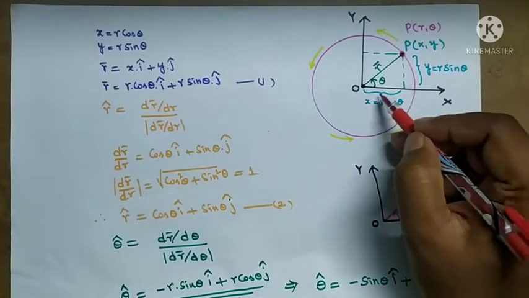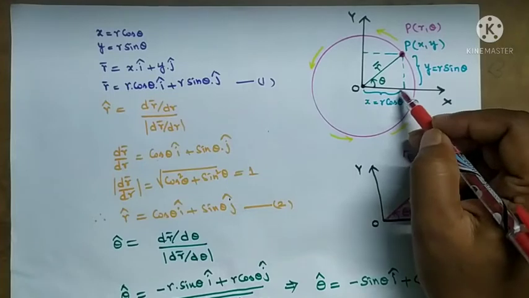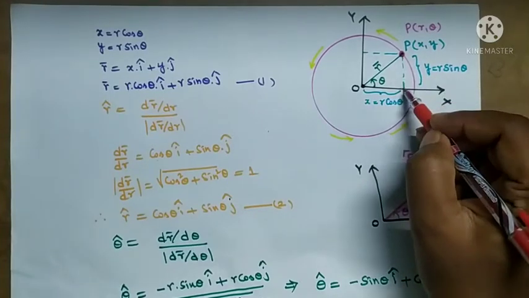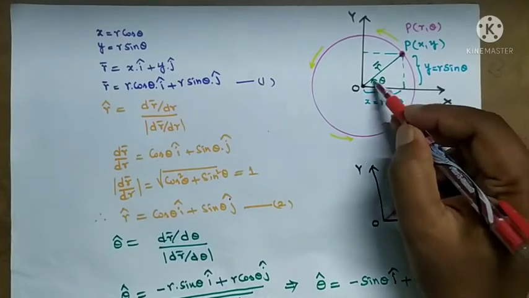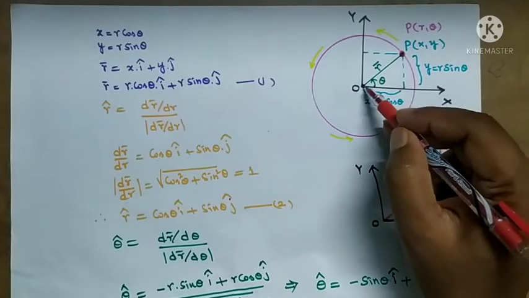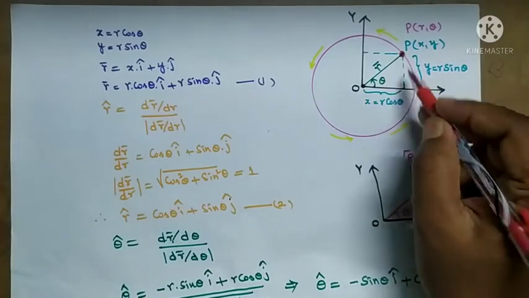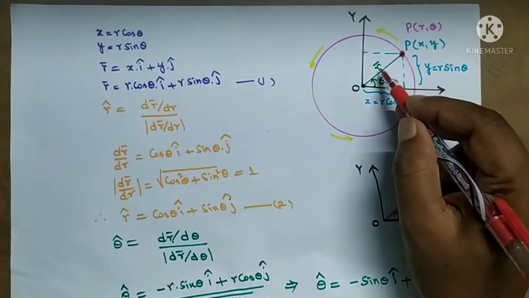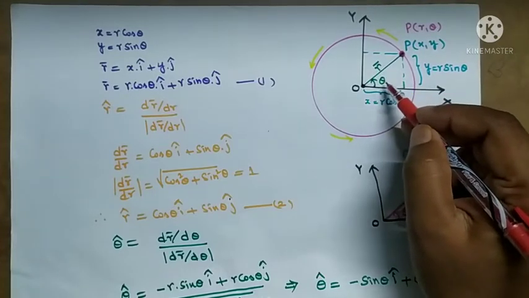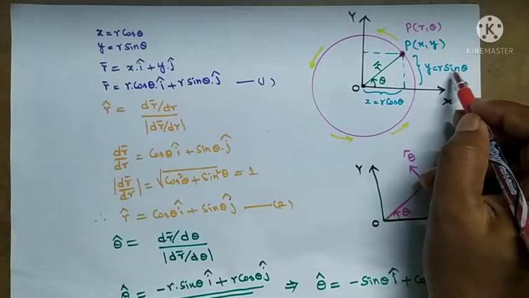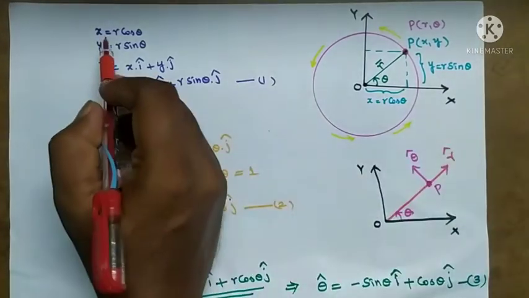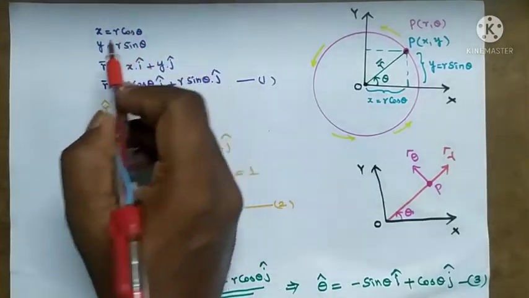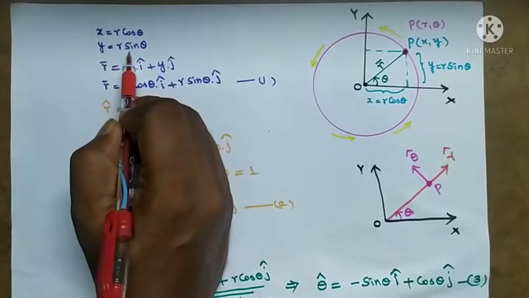In the same way, for the opposite side, sin theta is equal to opposite side by hypotenuse. Taking the opposite side as small y, y by r is equal to sin theta. Then y is equal to r sin theta. Therefore x is equal to r cos theta, y is equal to r sin theta.